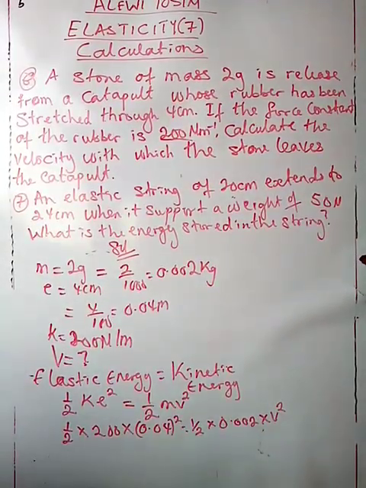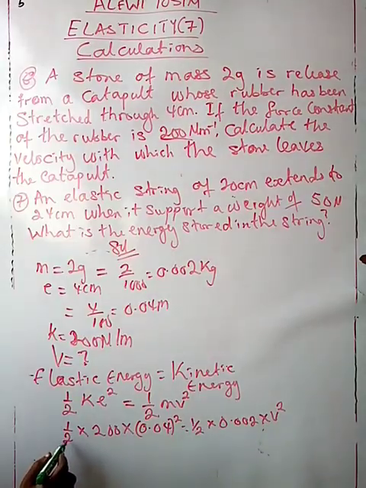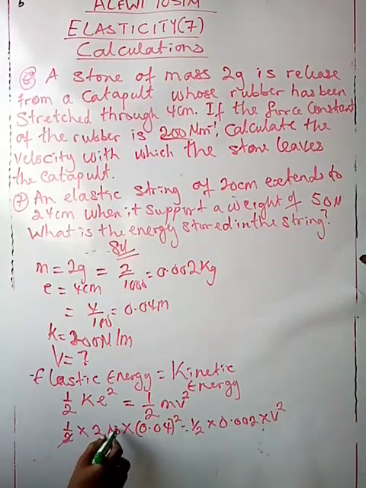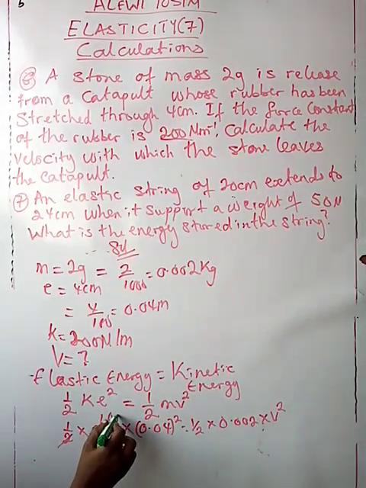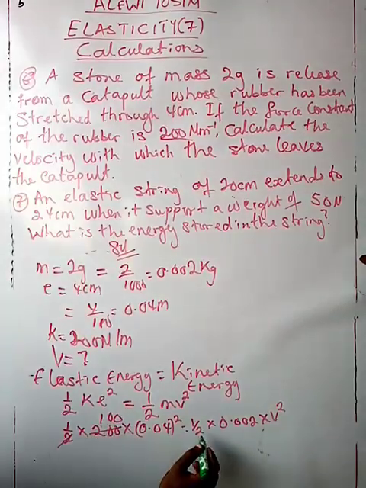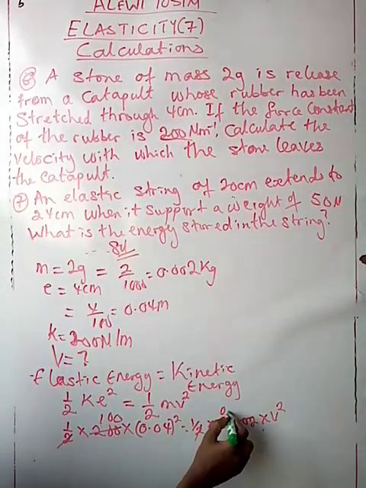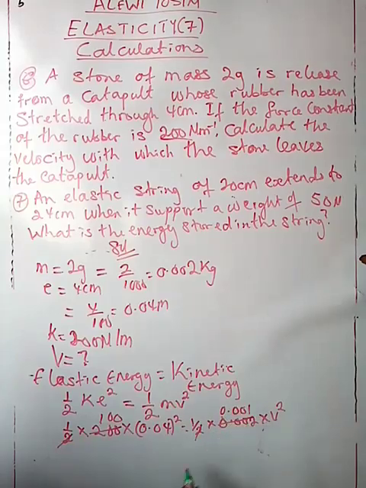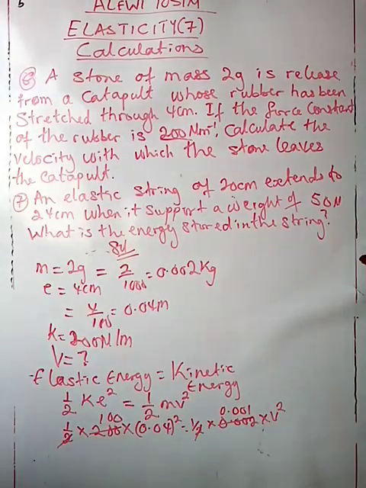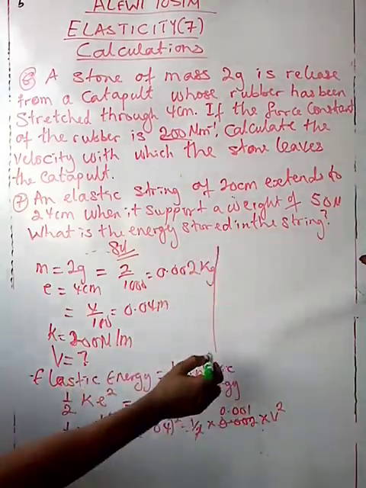On this note, you can say that 2 here, 2 here is 100, and this one too goes like this, 2 here, 2 here will give us 0.001.